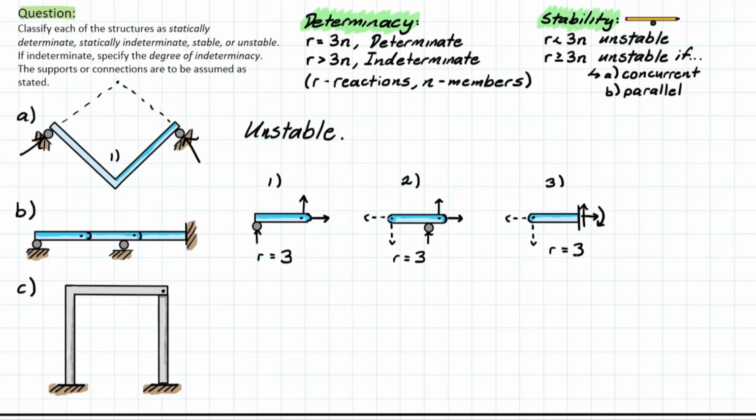So we're going to have 3 reactions. Now using this formula, we can see that we have 3 plus 3 plus 3. So the number of reactions is 9. And we have 3 times 3 members. So we have 9 is equal to 9. Therefore, we can state that the structure is statically determinate.